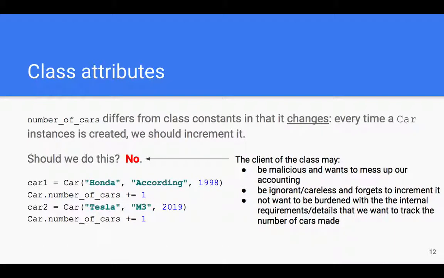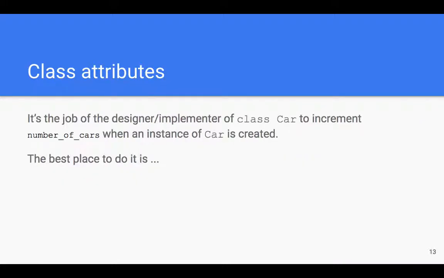And this is really, as I've said a number of times, an internal detail or internal requirement of our car class. So it's really the job of the programmer who is writing the class car to increment the number of cars every time an instance of the car is created.